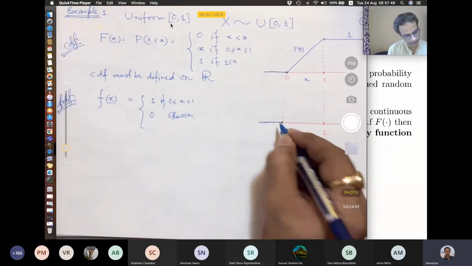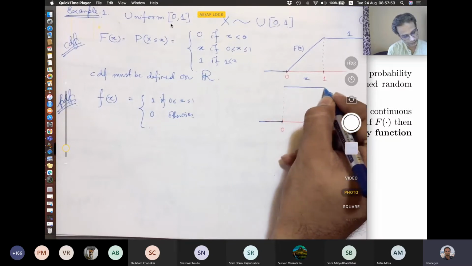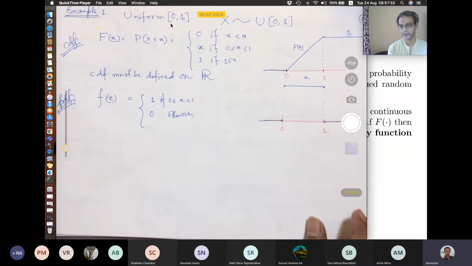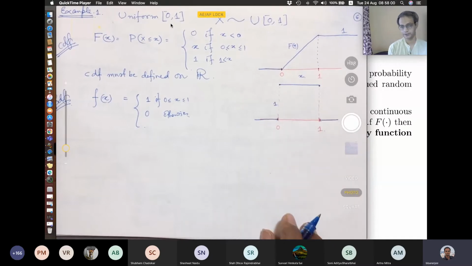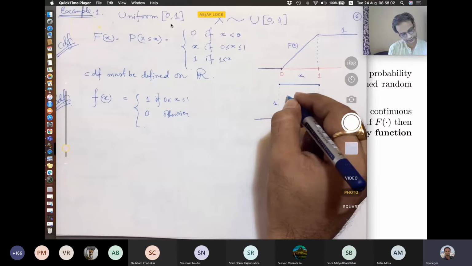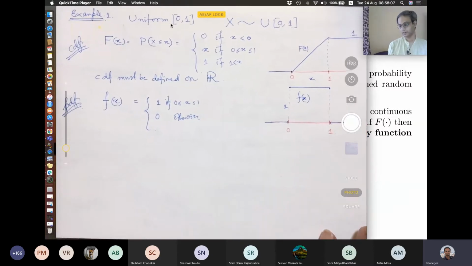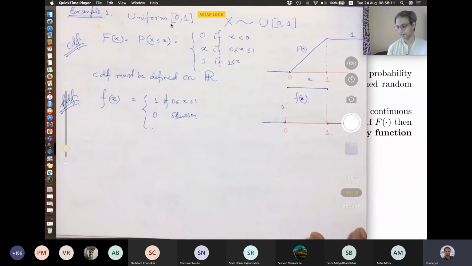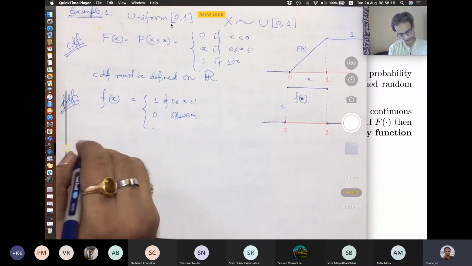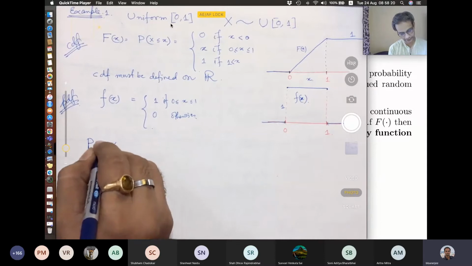It will come, then there will be a jump. So this length is 1, and this is the small f x. And from here, if I ask what is the probability that x is strictly greater than a?